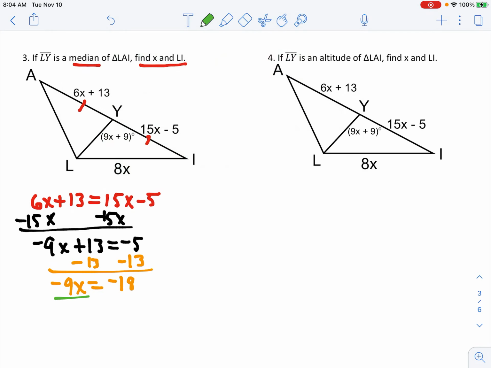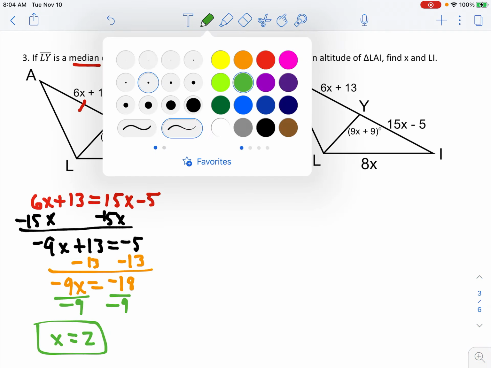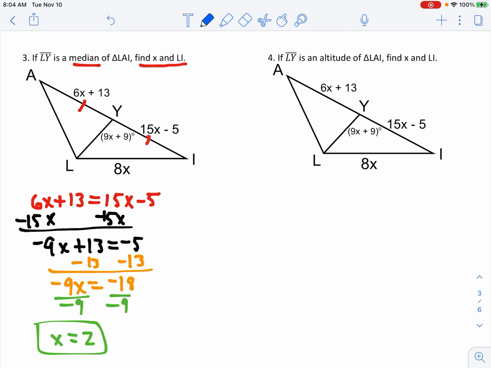Divide by my negative 9 on both sides, and I should get a positive 2. Remember, we should get positive answers or decimals, no negatives. Now, the second part of the question said find Li, so here's the equation for Li, so we're going to plug it in. Li would be 8 times 2. So Li will be 16.